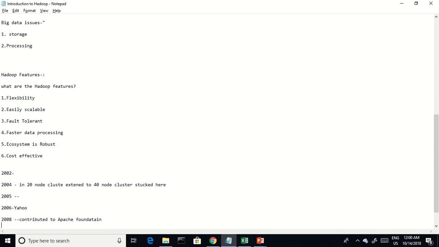The Hadoop cluster supports heterogeneous as well as homogeneous hardware. Hadoop, the open source software, is very robust, and many organizations utilize it nowadays.